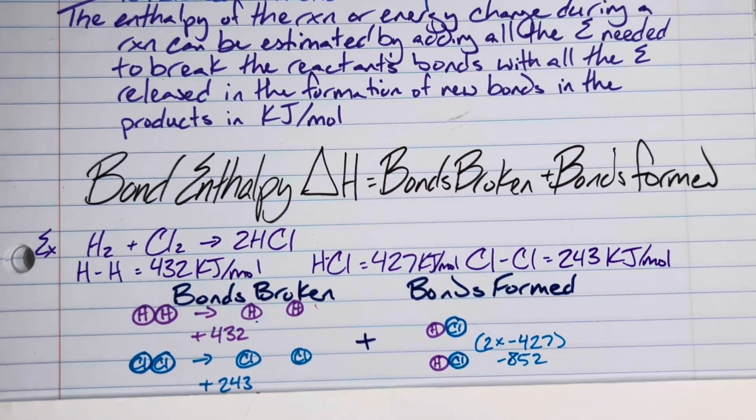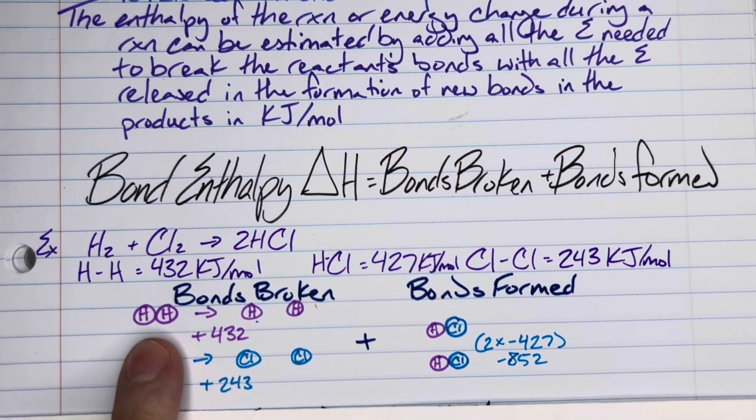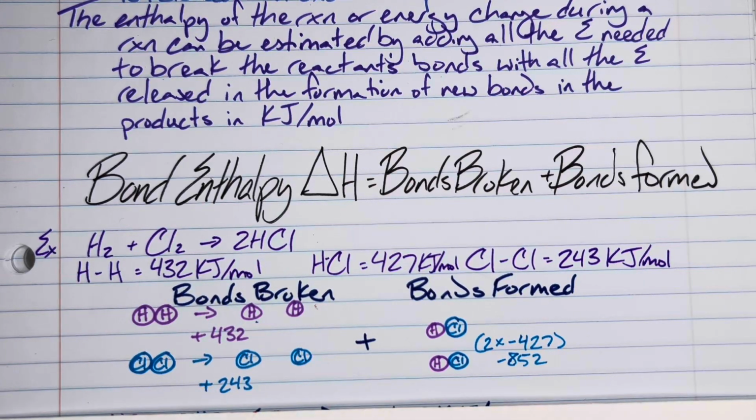So we have overall the hydrogen-hydrogen bond being broken, thus I needed to add 432 kilojoules per mole amount of energy into the system in order to break apart those bonds. The chlorine-chlorine bond must be broken, so I had to add to the system 243 kilojoules per mole energy to the system.